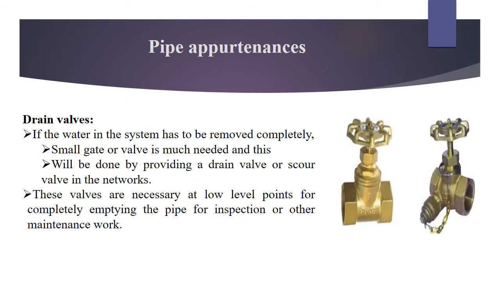Drain valve. If the water in the system has to be removed completely, a small gate valve is needed, and this is done by providing a drain valve or scour valve in the network. These valves are necessary at low level points to completely empty the pipe for inspection or maintenance work.